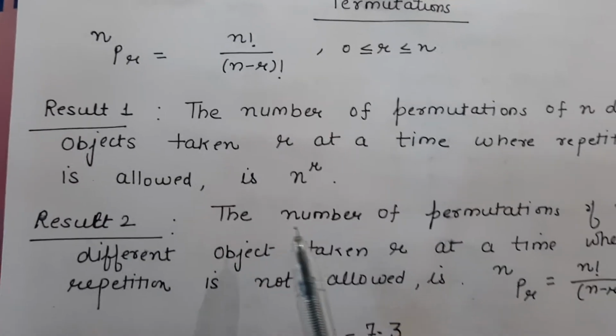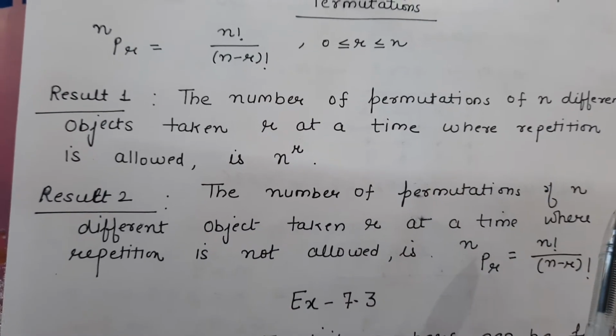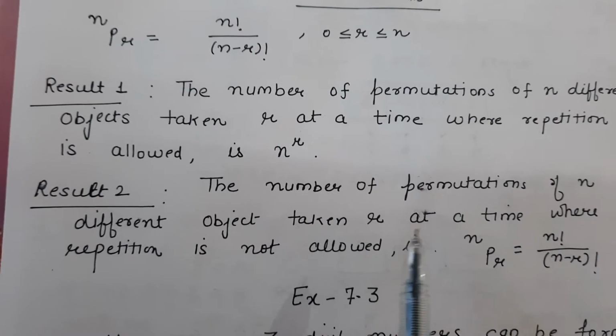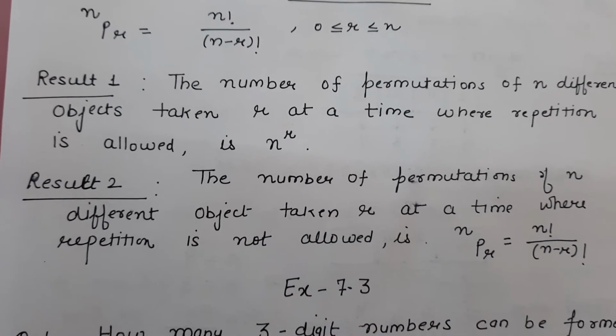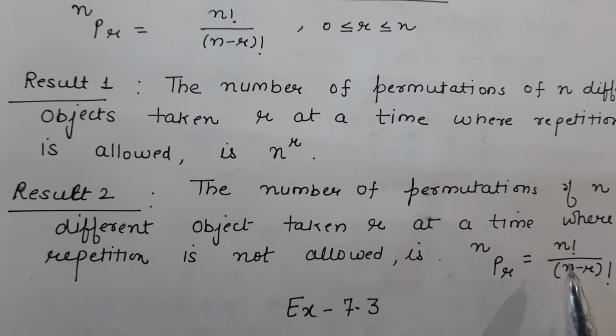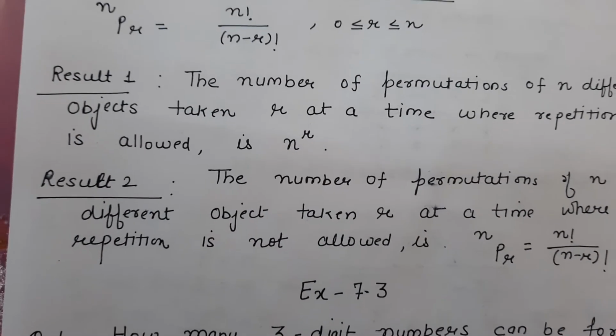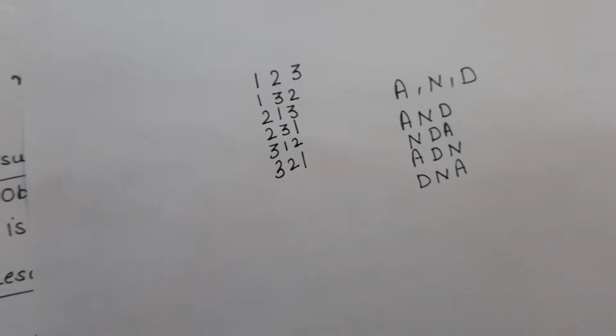And the second is the number of permutations of n different objects taken r at a time where repetition is not allowed is nPr, and its formula is n factorial upon n minus r factorial. Now I am going to discuss these two results with the help of an example.